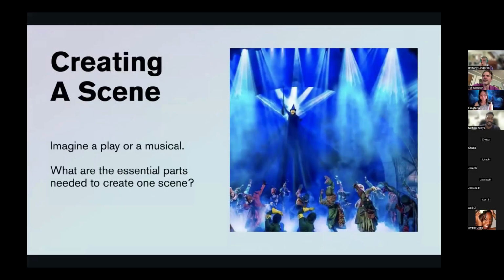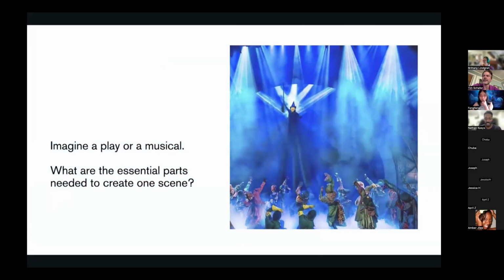All right, so let's get into actually creating a scene. Imagine a play or a musical, and let's think about the essential parts that are needed to create a scene. I don't know musicals, so I picked Wicked, the closest thing.